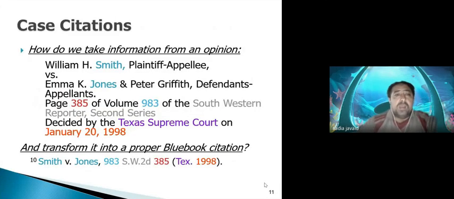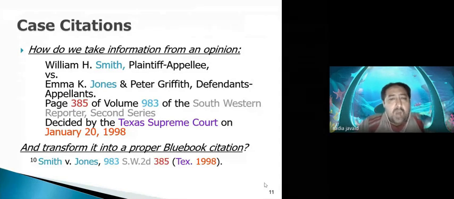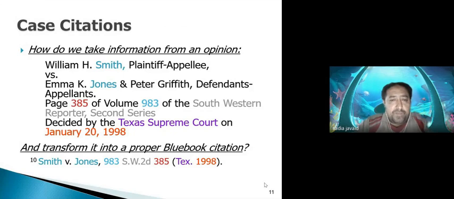So I'm going to case citations. How do we take information from an opinion? William H. Smith, plaintiff appellee, versus Emma K. Jones and Peter Griffith, defendants appellants. Here you can see in which way you can write down your information in the Blue Book: page 385 of volume 983 of the Southwestern Reporter, second series, decided by the Texas Supreme Court on January 20, 1998.